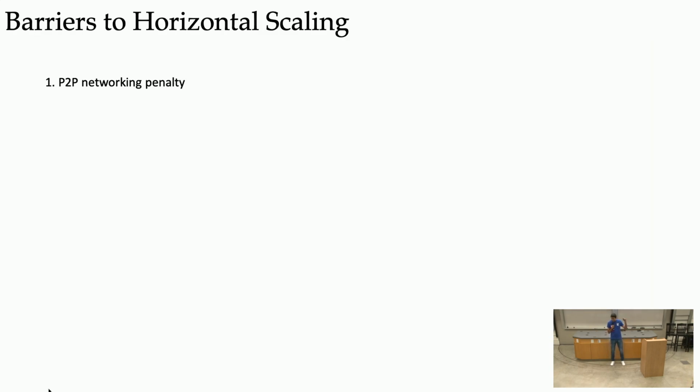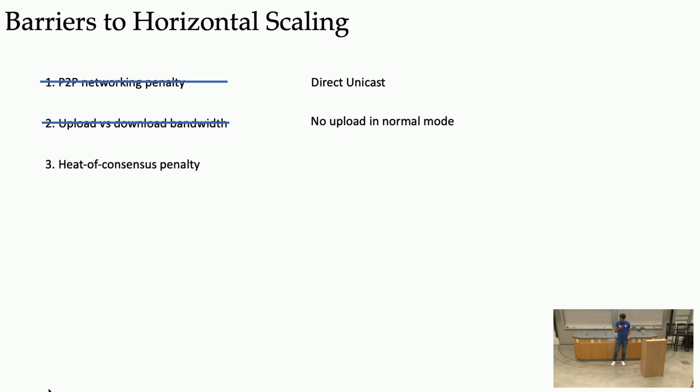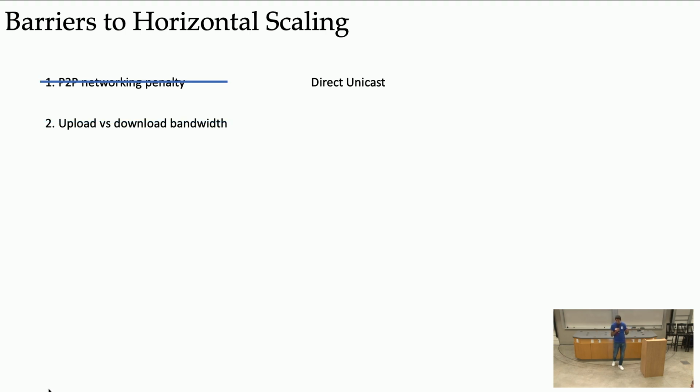So the way this is engineered, I'm not going to go into this because we are running out of time. By looking at all the different ways in which systems are deadlocked and removing all of them is how we achieve this kind of horizontal scaling. There's overheads due to peer-to-peer networking. There's overheads due to upload versus download. There's overheads due to waiting in the heat of consensus.